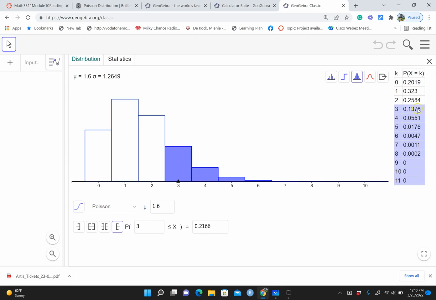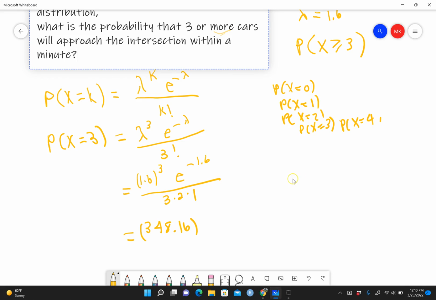But then you will have to add the probability that x is equal to 4 to that. So now you're going to find the probability that x is equal to 4, and that's going to be lambda to the 4th power, e to the minus 4, over 4 factorial. And you can work that out.